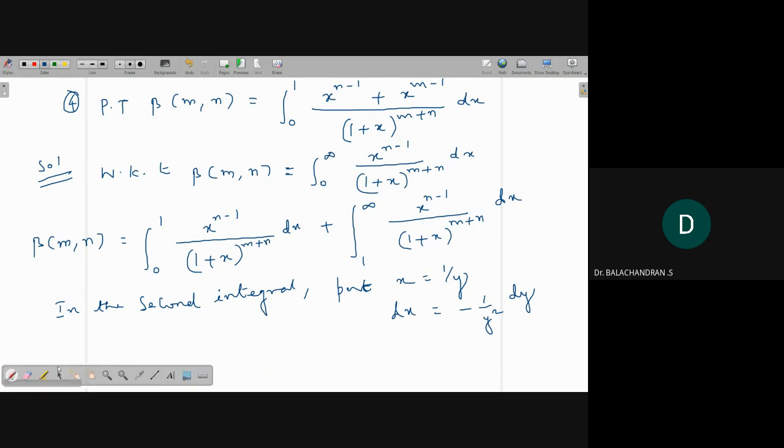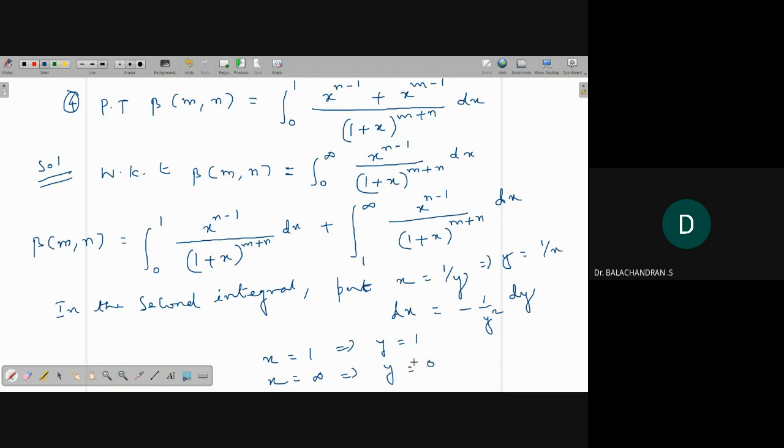Now from this, y equals 1 by x. When x is equal to 1, y is also 1. When x is equal to infinity, 1 by infinity, y is 0.